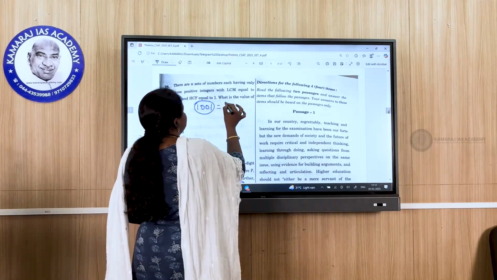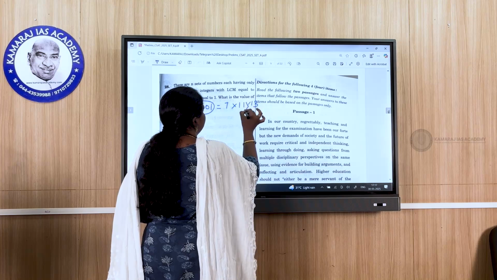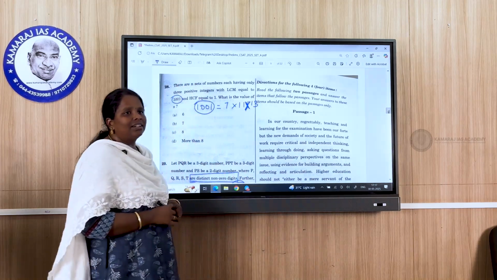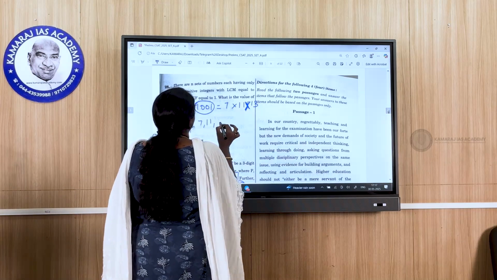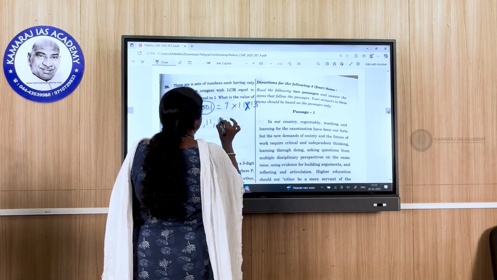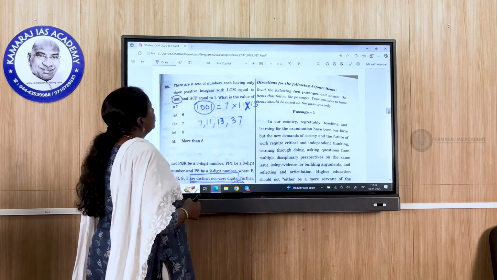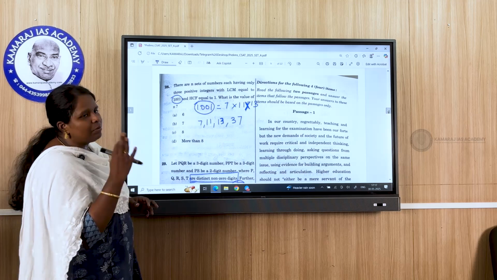So what are the factors here? 7, 11, 13. Again and again you will be getting these factors. 7, 11, 13, 37, right? So there are n sets of numbers, each having only 3 positive integers.